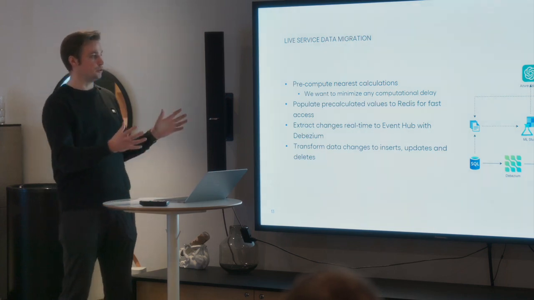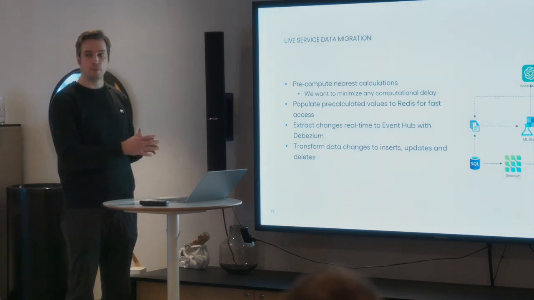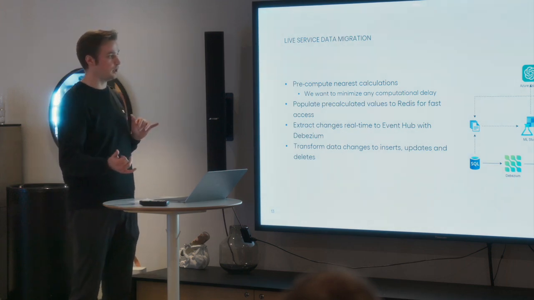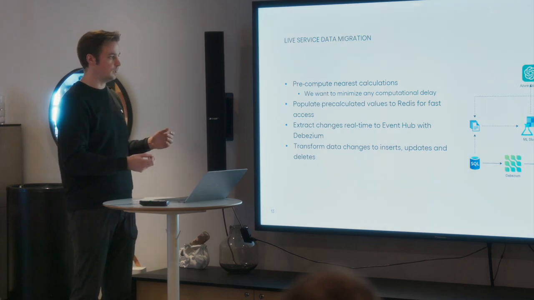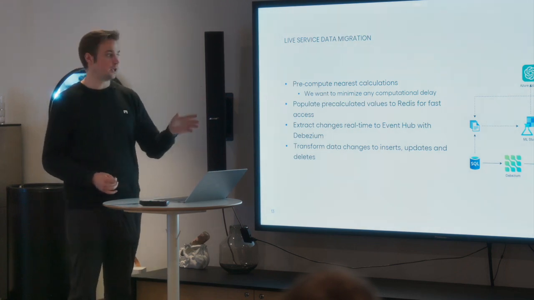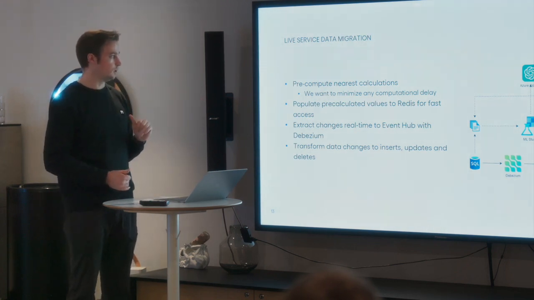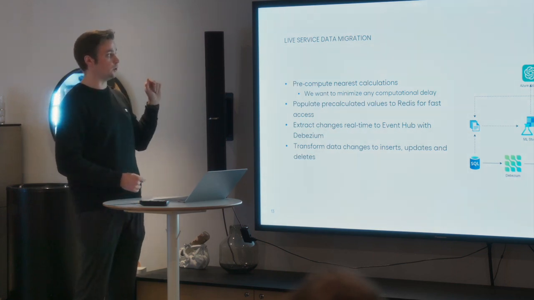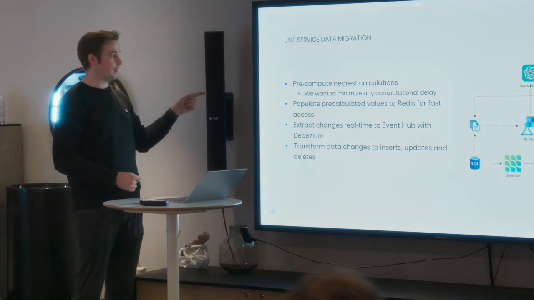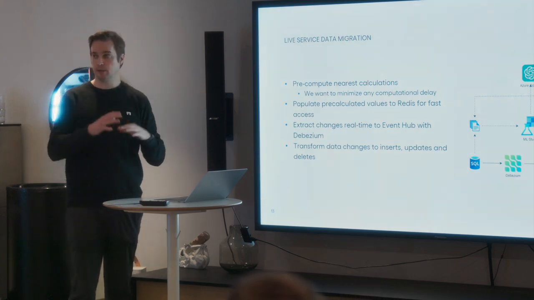But as we are having two operational systems running side by side, we want, of course, the path to be as real time as possible. So latency was critical to get as low as possible. And for that kind of use case, you want to pre-compute these mapping pairings.